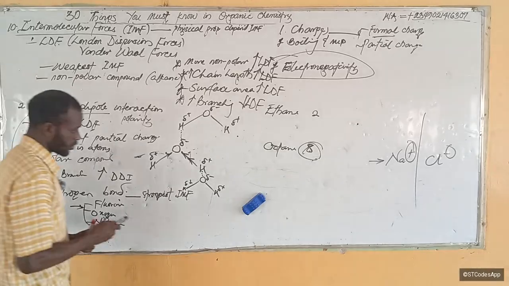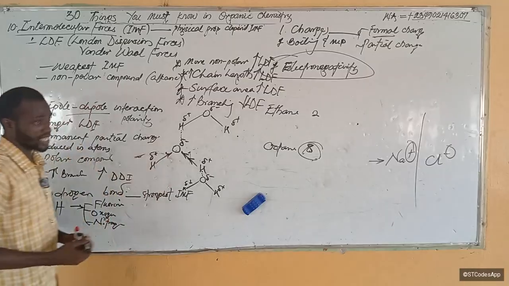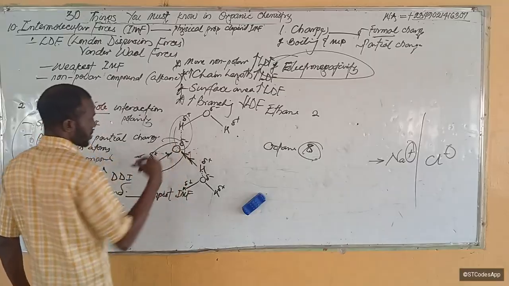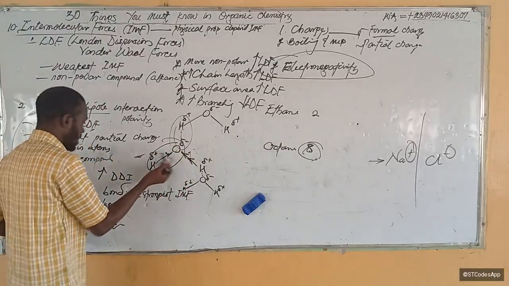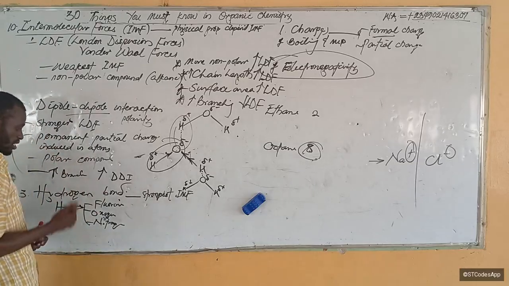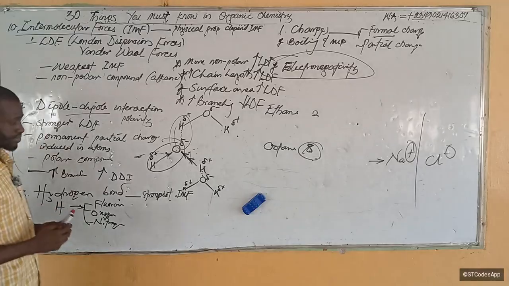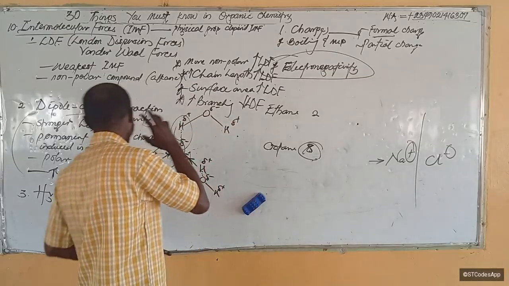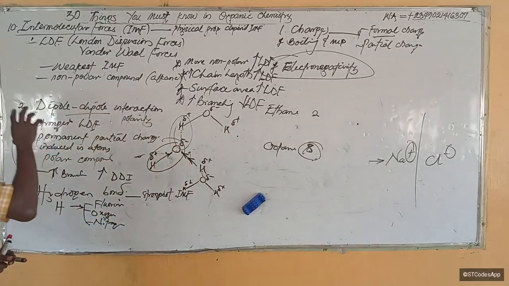I was trying to say that this is hydrogen bond here, then this is dipole-dipole interaction. Is that okay? So this is hydrogen bond. Hydrogen bond occurs when hydrogen is bonded to fluorine, hydrogen is bonded to oxygen, hydrogen is bonded to nitrogen. So that is that on intermolecular forces.